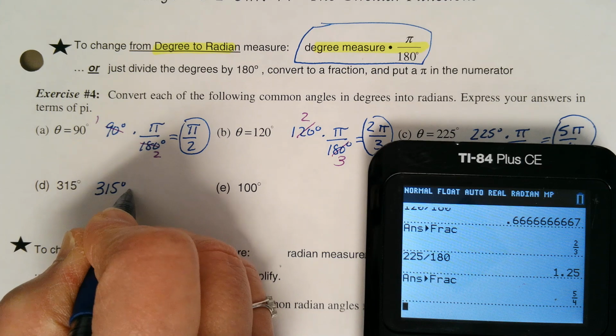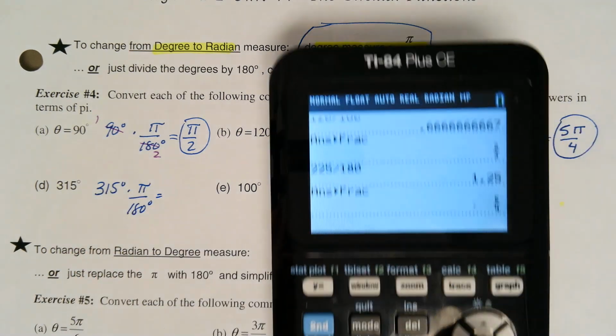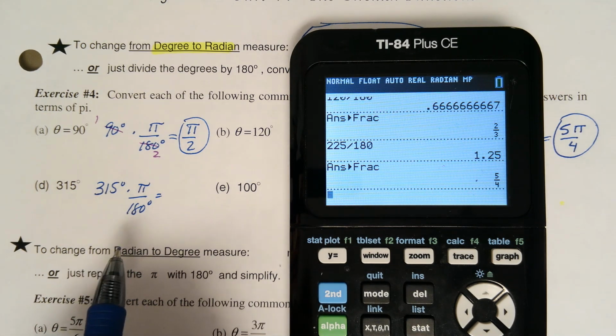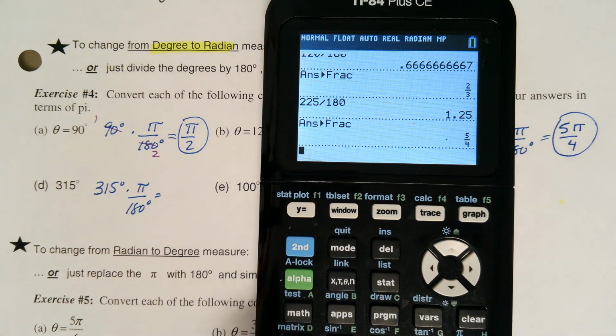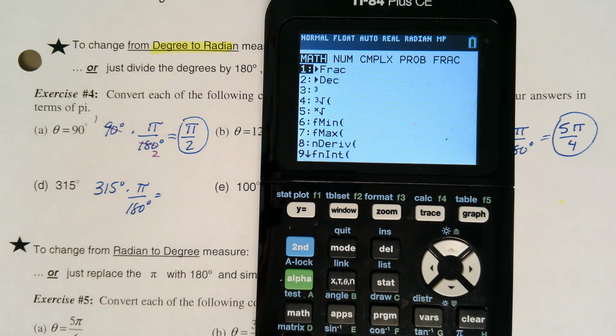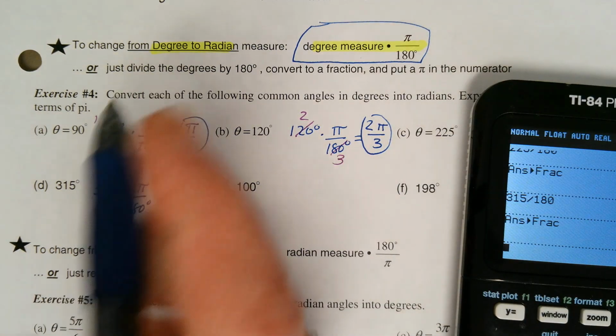To convert to radians, we will multiply by pi over 180. And I know 45 goes into each of these. 7 and 4, I believe. Let's see, 315 divided by 180. Yeah, 7 pi over 4.